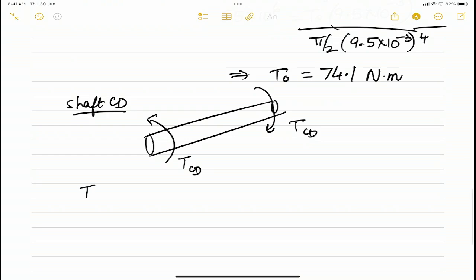And what we know is TCD is equal to 2.73 T0.